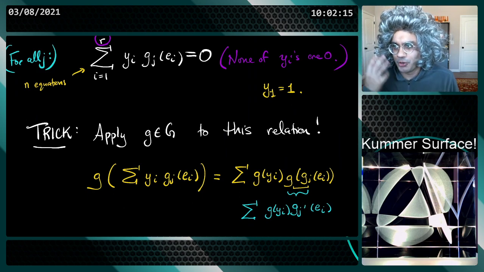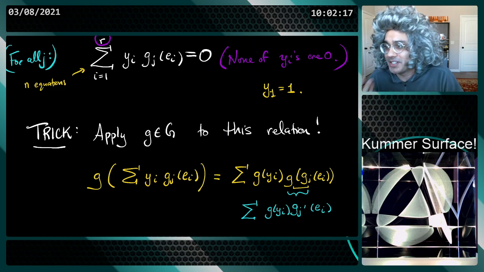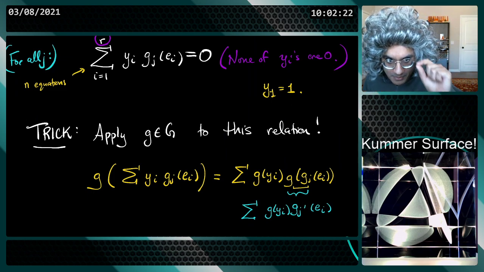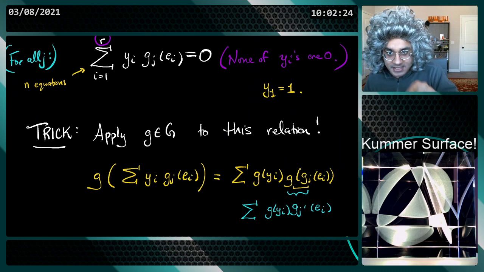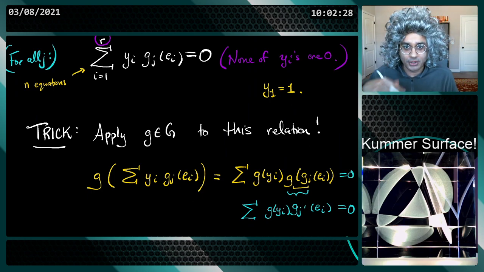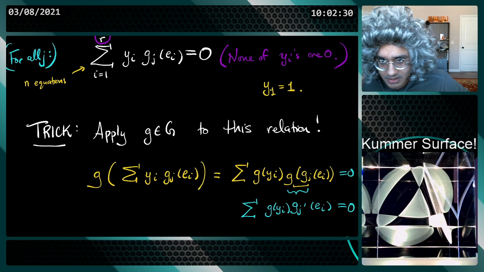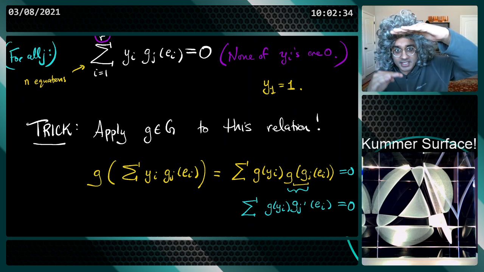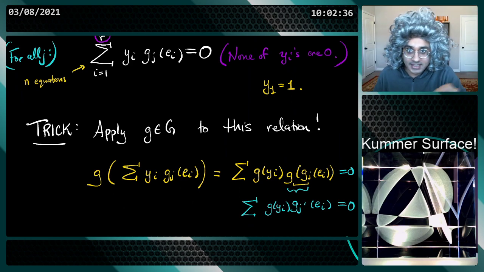You see, because the group operation is composition of functions. Now, the observation is that this new equation, of course, equals 0, because 0 goes to 0 under field automorphisms. This new equation is just some other row in this list of n equations.